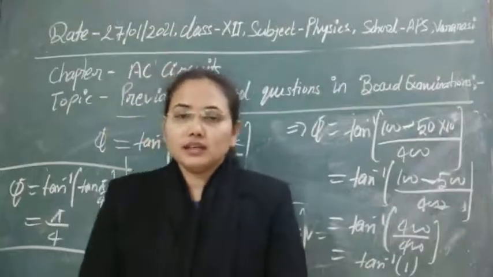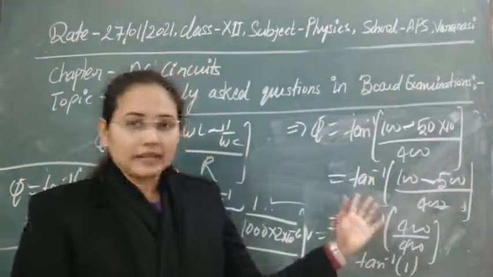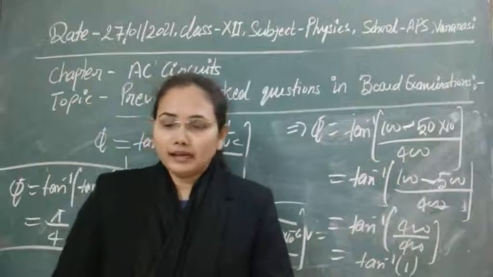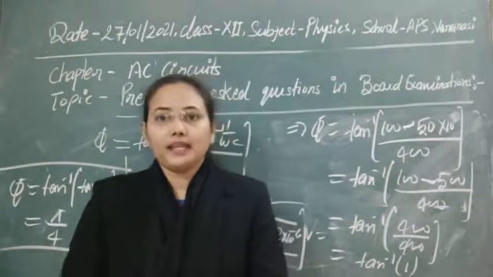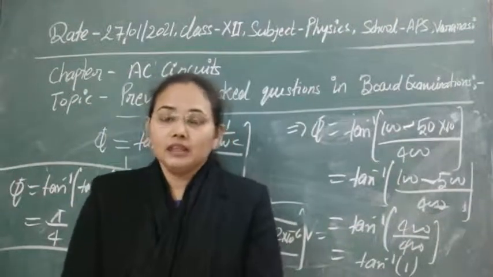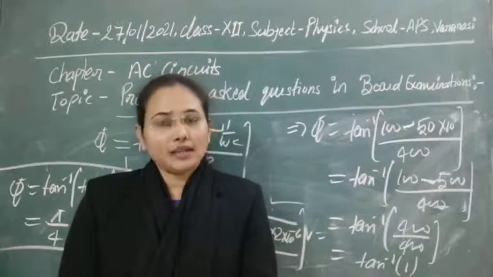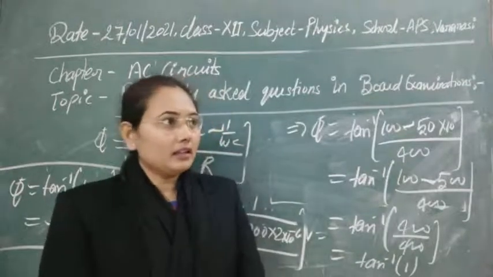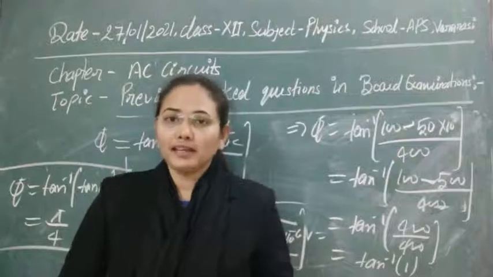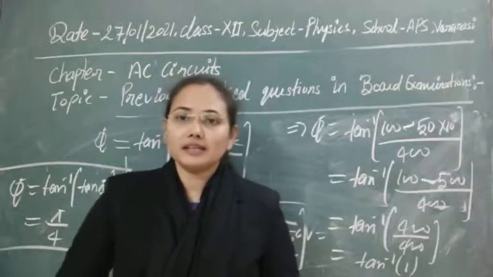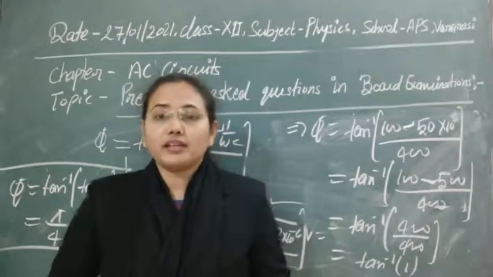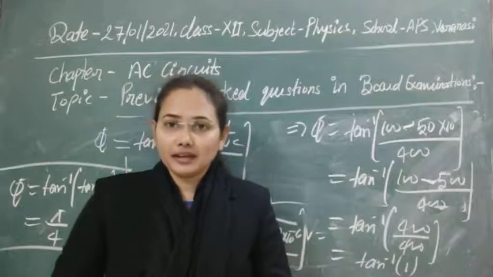So students, the thing that we have discussed is now clear. From the AC circuit chapters, a number of questions have been asked. I have told you about some numerical problems based on instantaneous current, instantaneous voltage and RMS current.